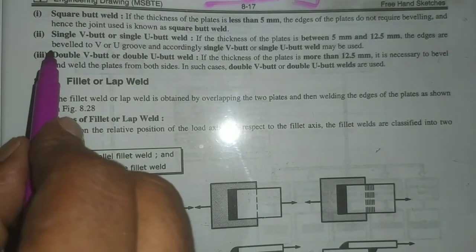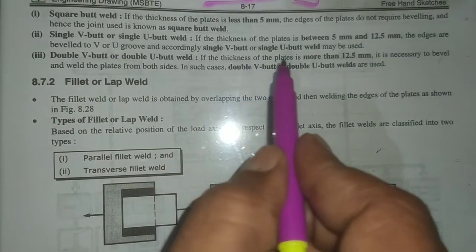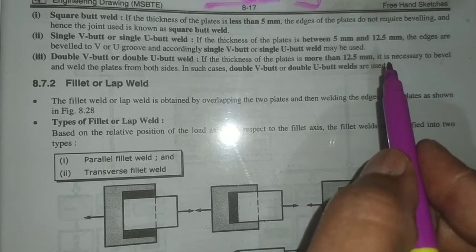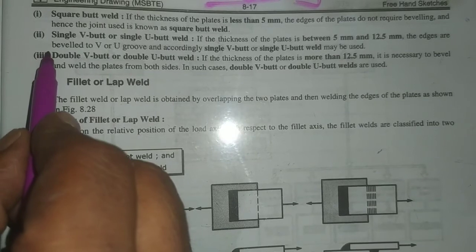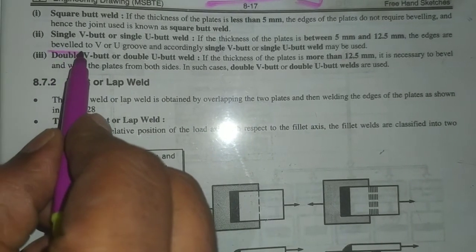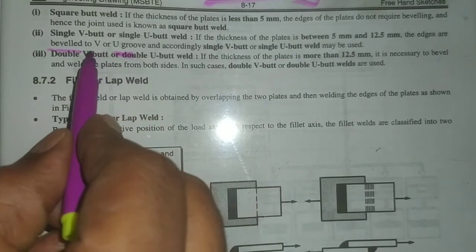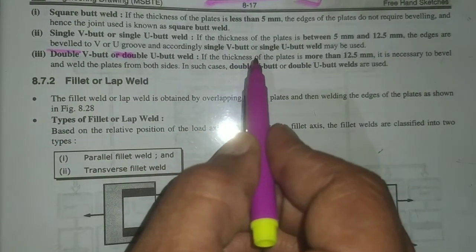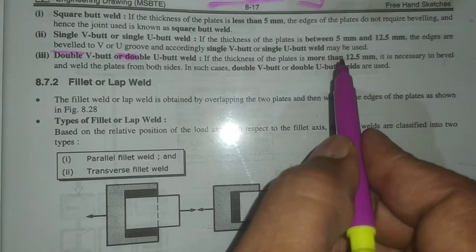Now, what is a single V-butt or single U-butt weld? If the thickness of the plate is between 5 mm and 12.5 mm, the edges are beveled. Beveled means we have seen V or U groove. That shape is removed, and accordingly single V-butt and single U-butt weld may be used.